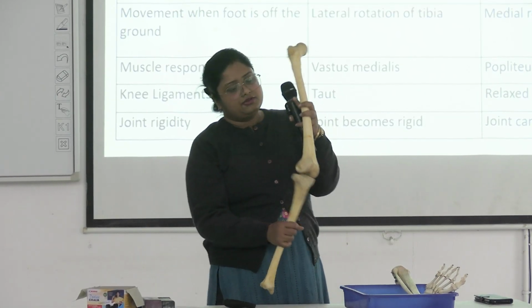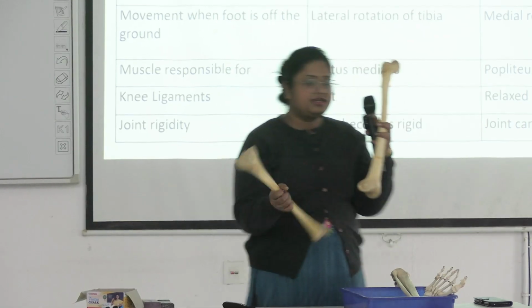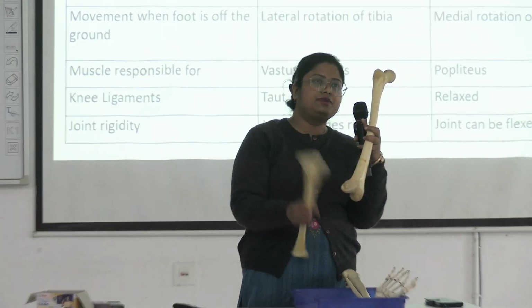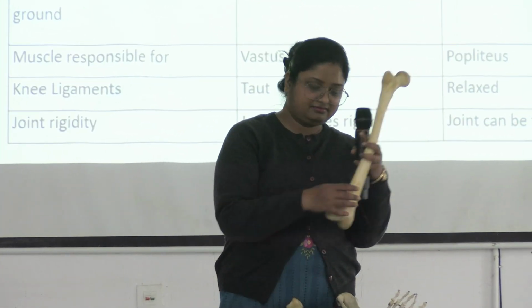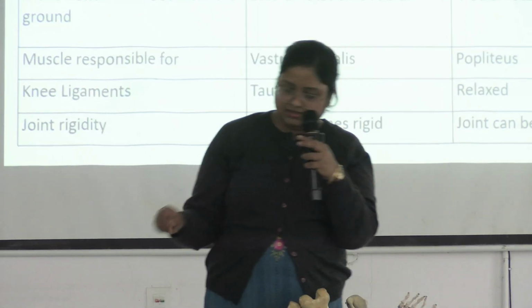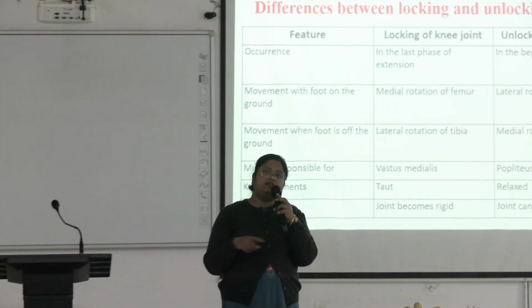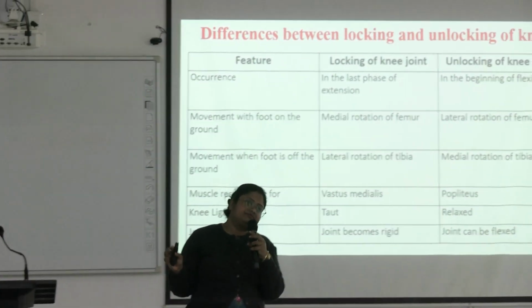Sorry, the tibia rotates medially during the unlocking, just opposite to the femur rotation. So locking and unlocking is clear. Okay, so you practice a short note on locking and unlocking of the knee joint.